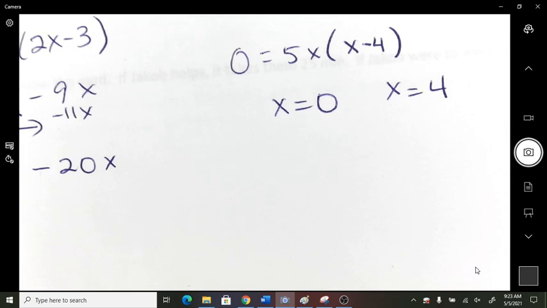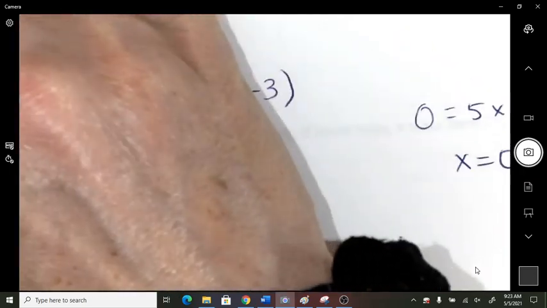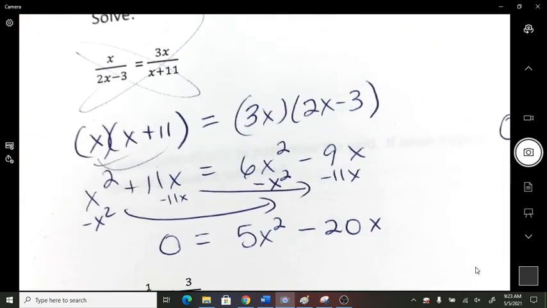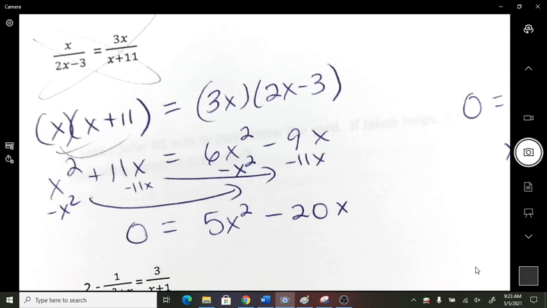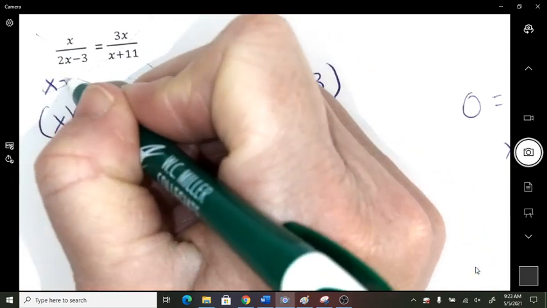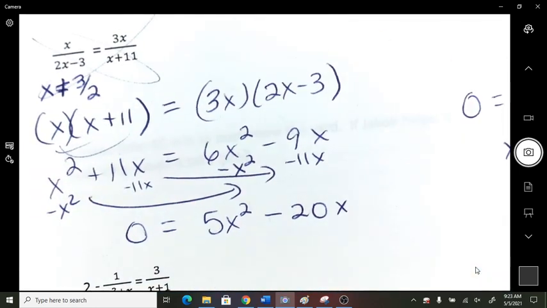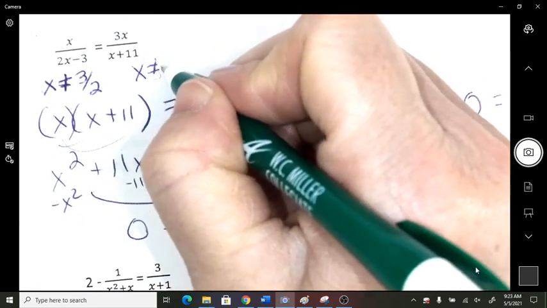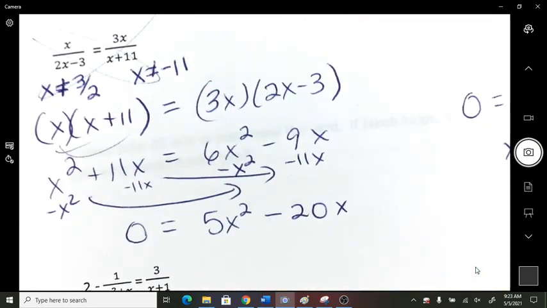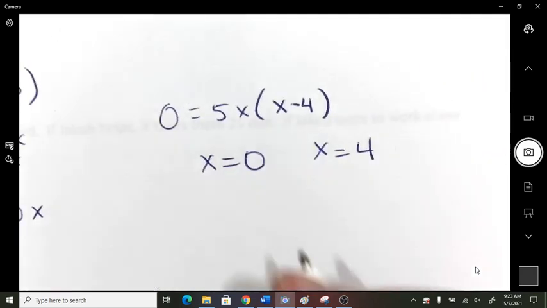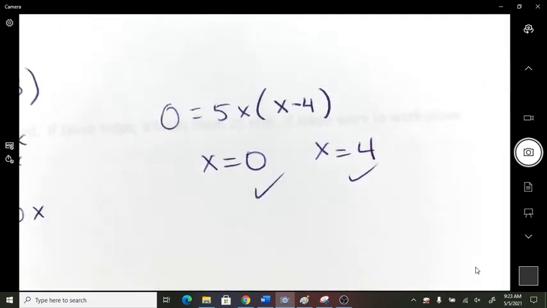Am I allowed to have 0? Am I allowed to have 4? What are the values you don't want to have? You don't ever want x to be 3/2, which is like 1.5 as a decimal, and you don't ever want x to be a negative 11. So we're good. These are allowed to happen.